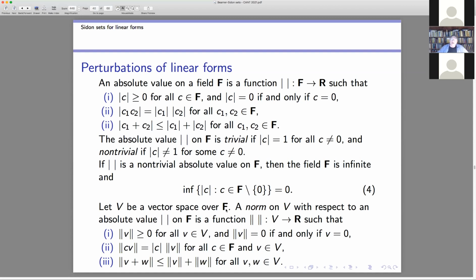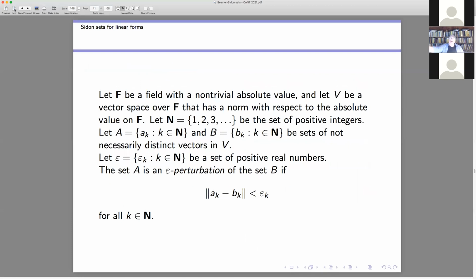And when you have an absolute value on a field and you take a vector space over the field, you can have a norm on the vector space with respect to the absolute value. It's the usual definition of a norm: non-negative and homogeneous, and satisfying a triangle inequality. So suppose you have a field F with some non-trivial absolute value, and you take a vector space over F with a norm with respect to the absolute value.